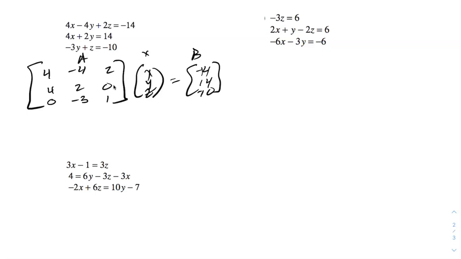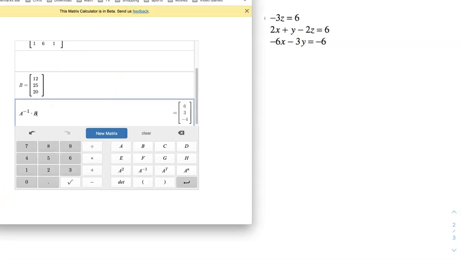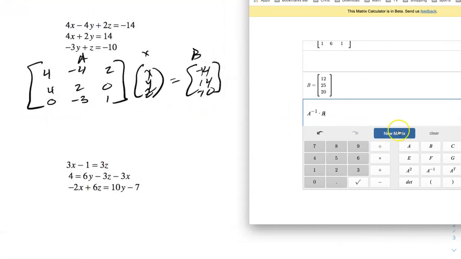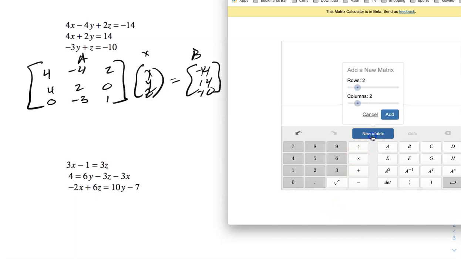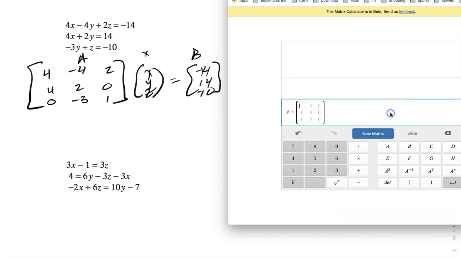And lots of negatives. So negative 14, 14, negative 10. Get my decimals back up. Clear. And just type it in. New matrix. Always starts at 2 by 2. 3 by 3. And then type them in real quick.